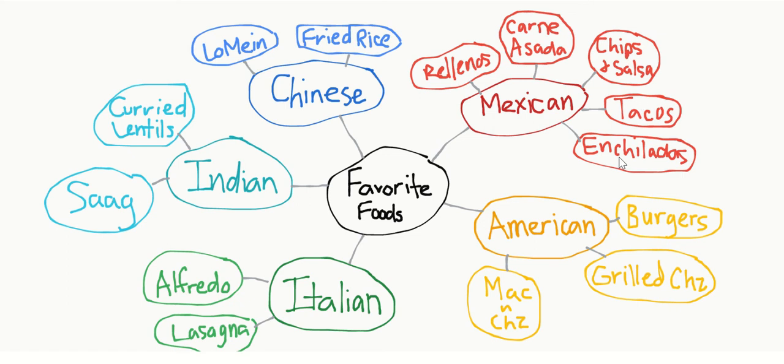Now, one of the things that I could have done is I could have subdivided this even further. So, for example, I could have done Mexican entrees and then had all of this stuff, enchiladas, tacos, carne asada, rellenos. And then Mexican appetizers would be like chips and salsa. Maybe I could add taquitos to that. And then I could have done Mexican desserts, and I could have had some Mexican desserts out here like churros.